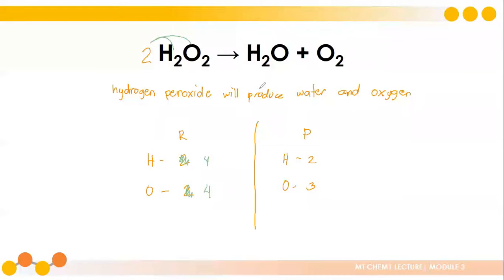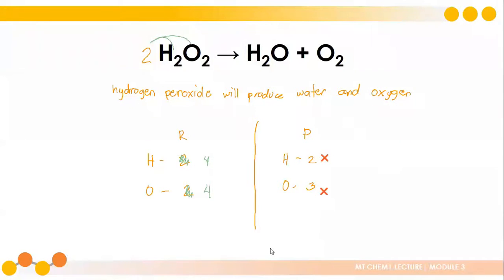Now, as you can see, they did not balance again. Hydrogen for the reactant side is now 4, while the product side is 2. For oxygen, the reactant side has 4, while the product side only has 3.